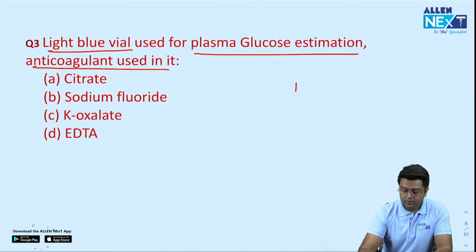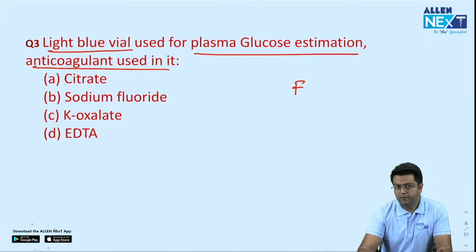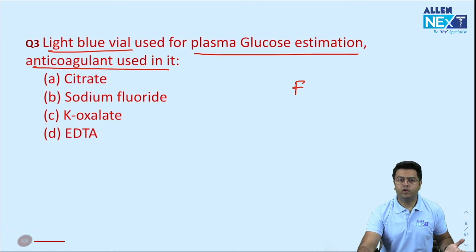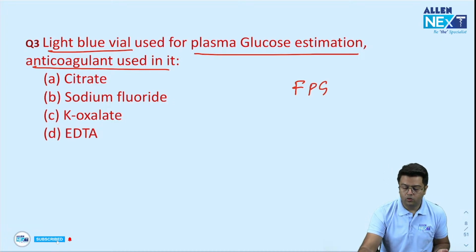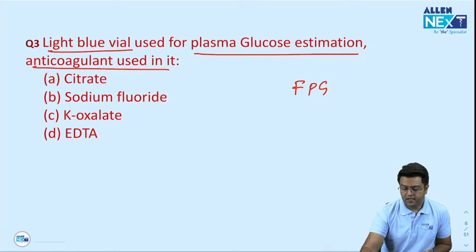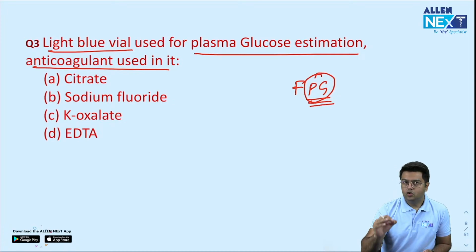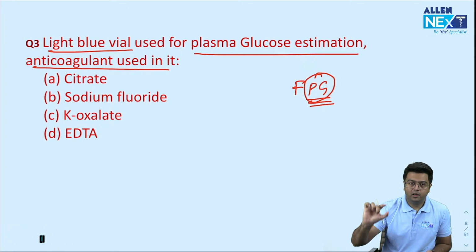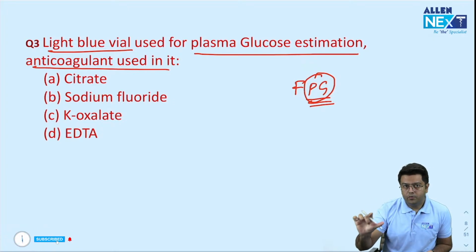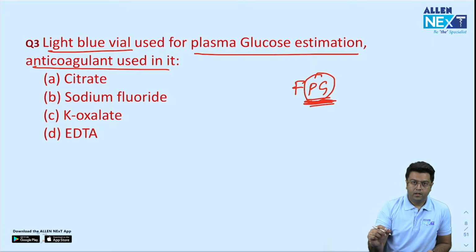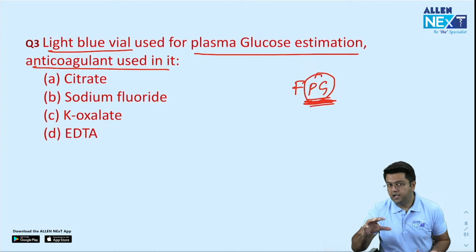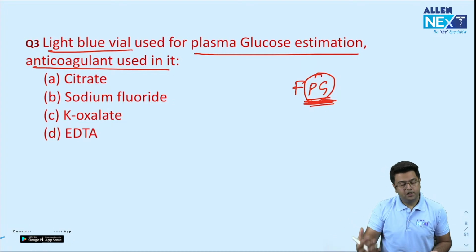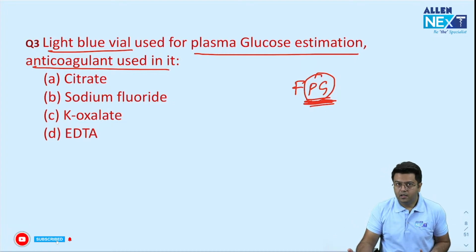First of all, when we say I am doing blood sugar estimation, what I do is actually fasting plasma glucose, or plasma glucose estimation, right? So I need anticoagulant to be present in whatever the bottle or vacutainer I'm using. There should be anticoagulant because I want the sample to be plasma, so anticoagulant must be there. So plasma glucose I have to do, right?